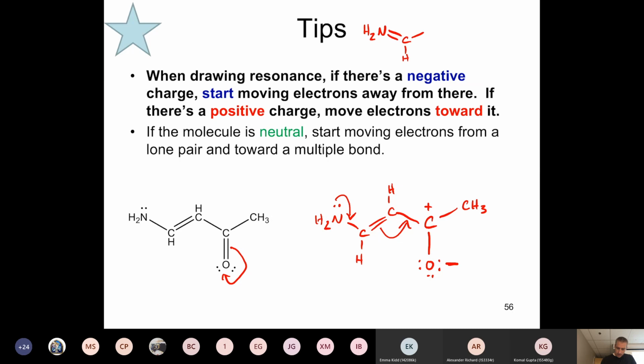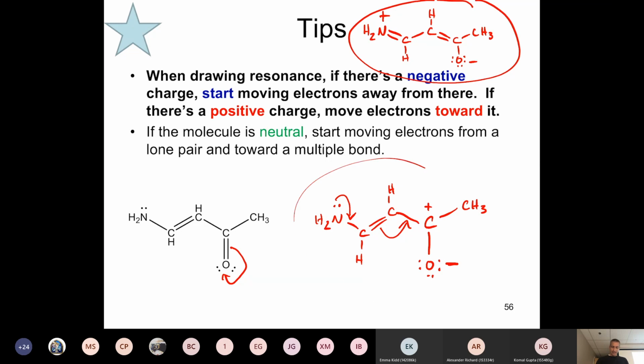This would be a single bond carbon, hydrogen, double bond carbon, oxygen, negative, CH3. Should there be any other charges anywhere? Right, +1 on the nitrogen. Charges always have to balance, right? So the total charge on all of these structures has to be the same. So this structure here is a resonance structure of the first one, as is this one.